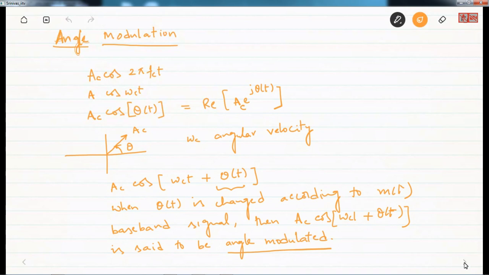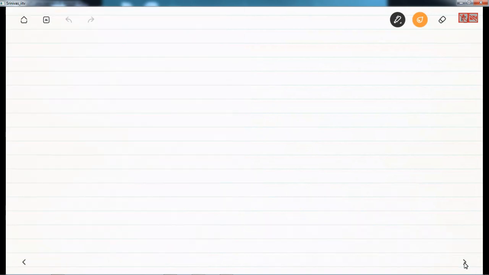One more thing we have to define before we do this is, in AC cos theta of t, if we do differentiation, d theta of t divided by dt, divided by 2 pi, this is frequency.